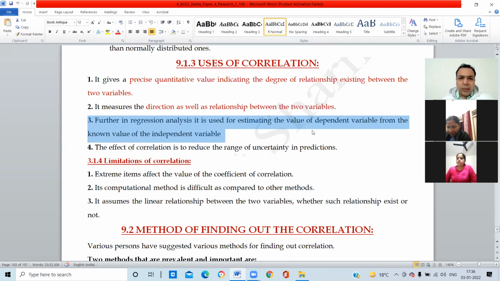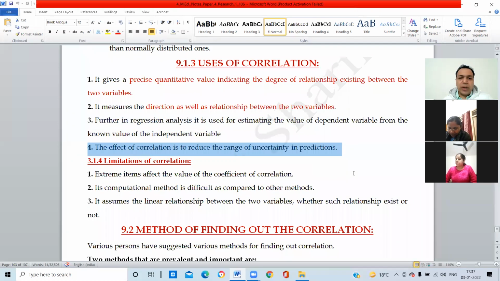Actually, now I'm not going into the detail, because the things would be clear when I solve some numerical questions. But we don't have to attempt the numerical questions, that's why I'm not going into the detail. We have to just learn as it is, right? The effect of a correlation is to reduce the range of uncertainty in prediction.